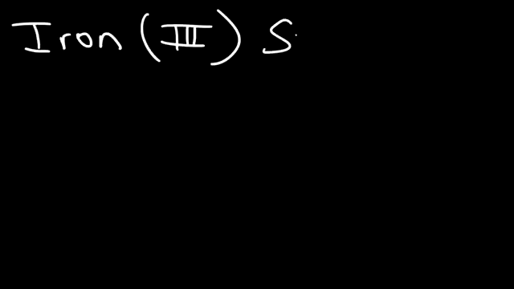Now the last case will be one with a transition metal. So let's say if we have iron 3 sulfate. How can we write the chemical formula for this compound? Now it's important to understand that the Roman numeral that you see here tells us the charge on the metal.